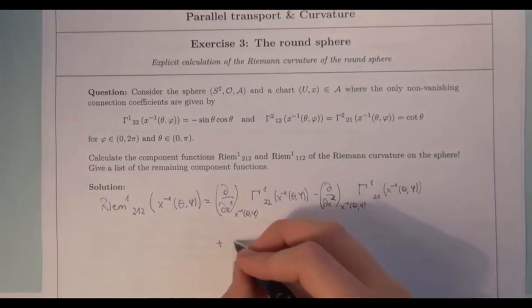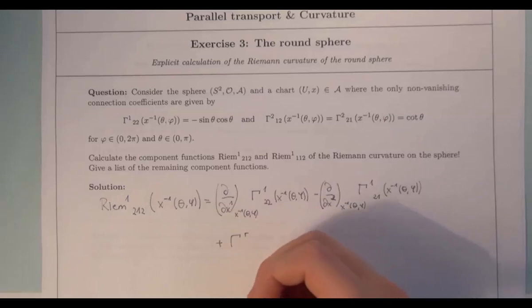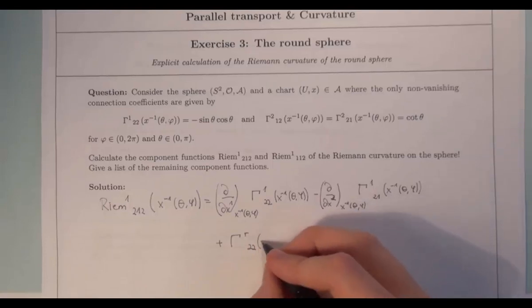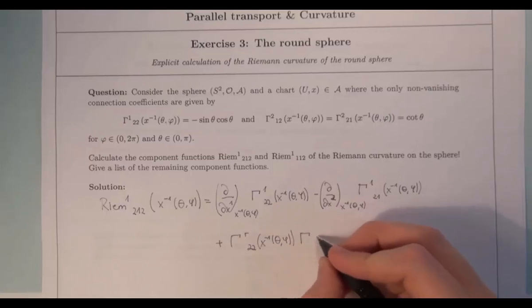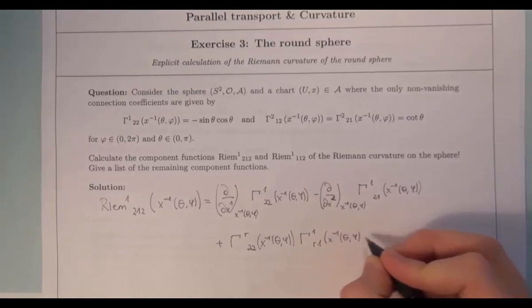Then we get plus, again a gamma, the r has to stay for the moment. And we have 2, 2 here, evaluated at x inverse of theta and phi. And we get gamma, the r stays here, we got a 1 and a 1, also on x inverse of theta and phi.